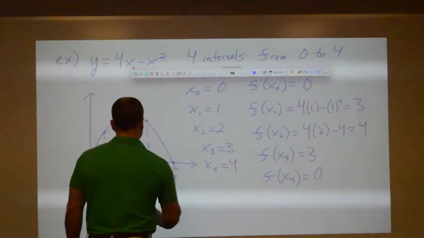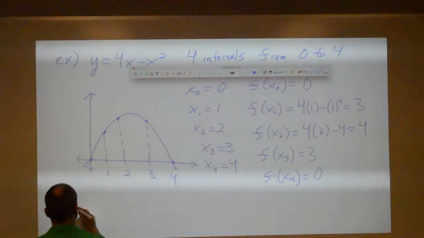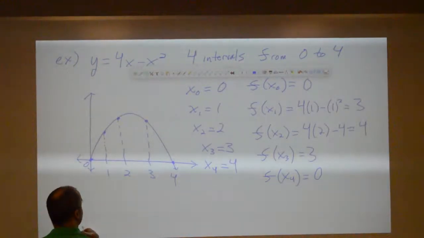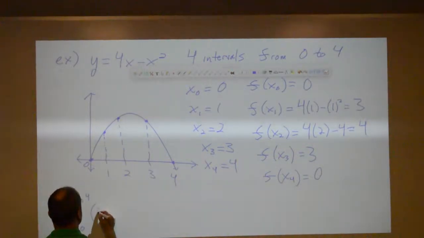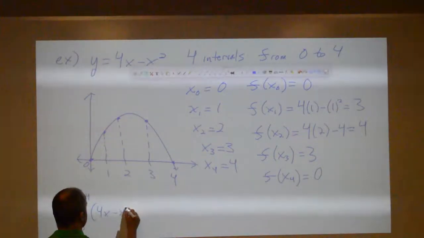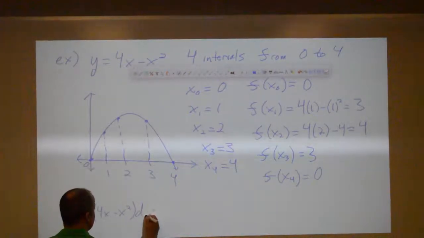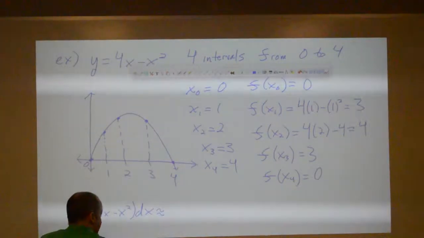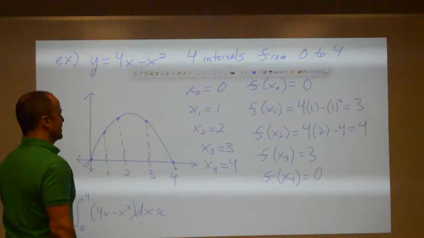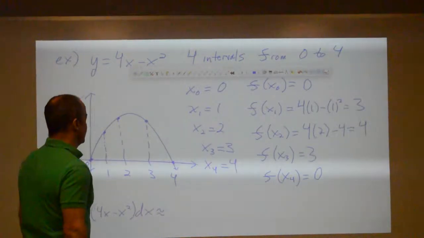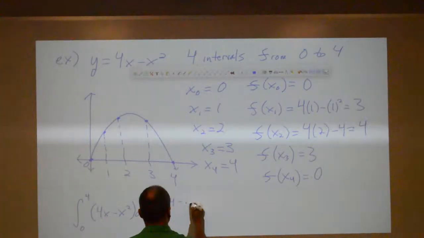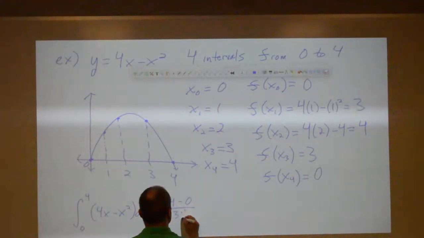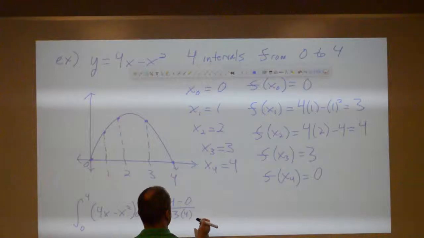Okay, so according to Simpson's Rule, the integral from 0 to 4 of 4x minus x squared dx should be approximately, what did that rule say, b minus a over 3n? Yes, I think so. So that's 4 minus 0 over 3 times 4. That was my number of intervals, correct?